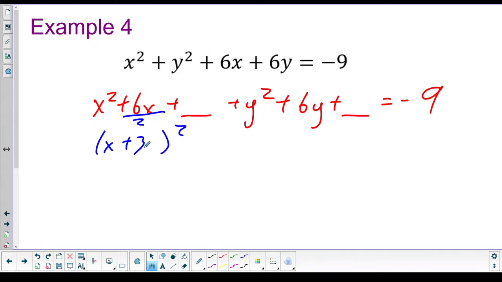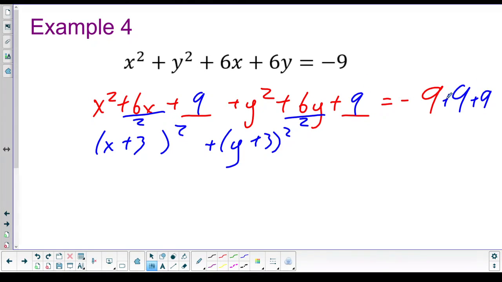So plus 3, square that is 9. We're going to put plus 9 on this side too. Same thing here: y, divide by 2, plus 3 squared. Square the 3 is 9, plus another 9. So these cancel and equal 9.